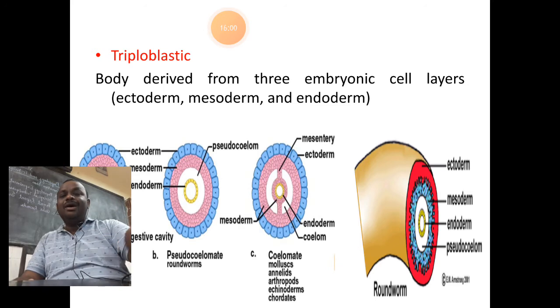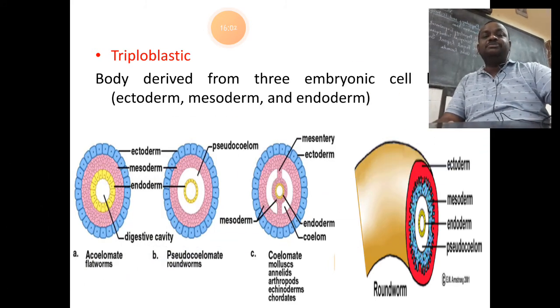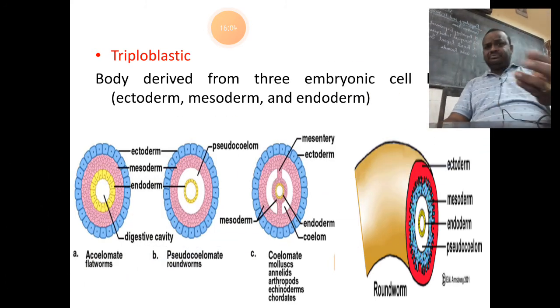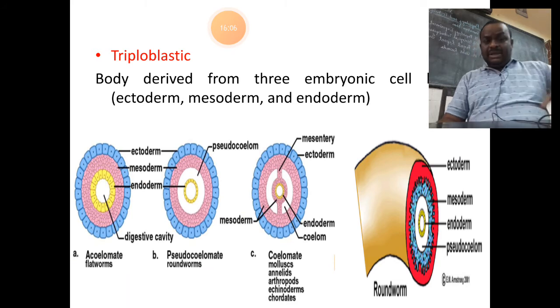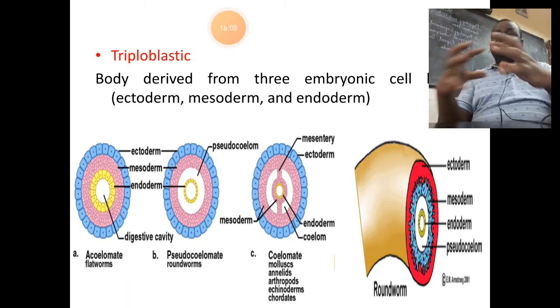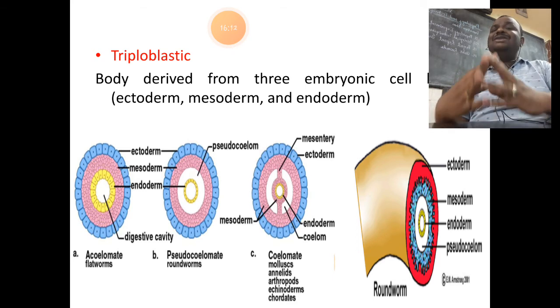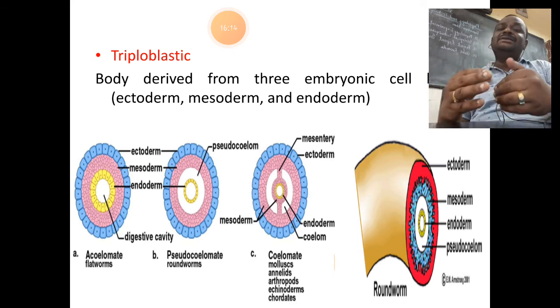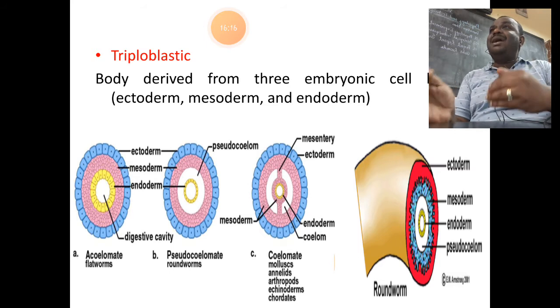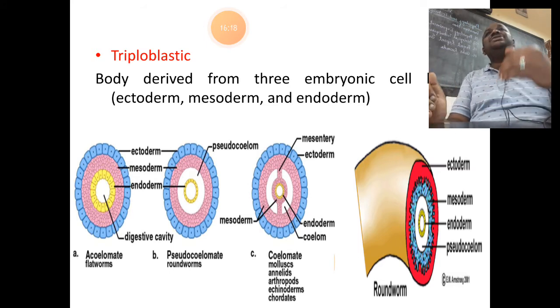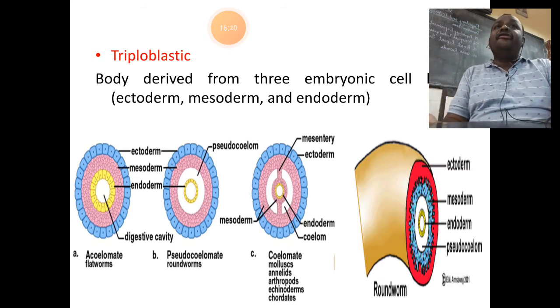Then, coming on to the next important concept, these nematodes are called triploblastic organisms. This triploblasticity refers to the germ layers from which the body of the organism is formed.